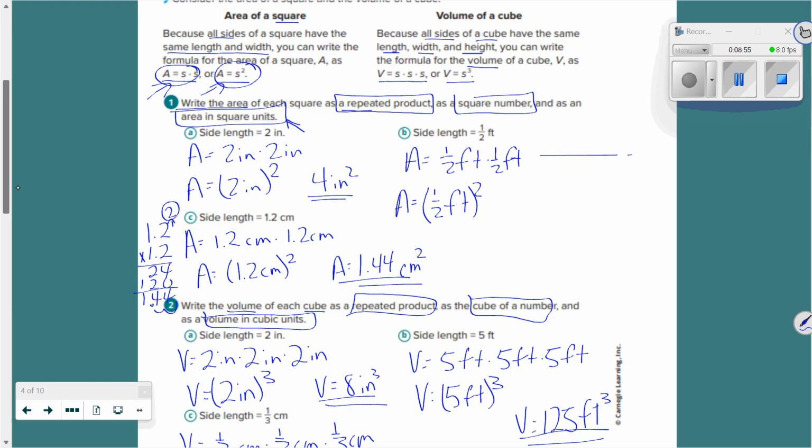If I have something like this, and I measured that, that would be 1 foot. If I'm looking at area, then it's going to look something like this. That is 1 square foot. If I'm looking at volume, volume is going to look like this.